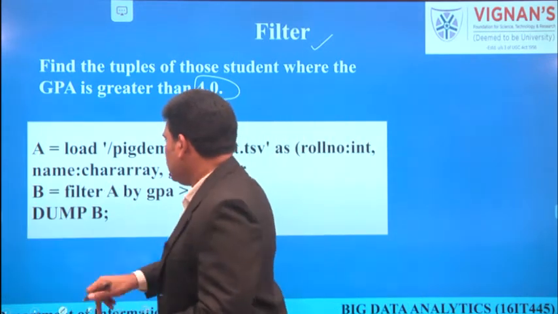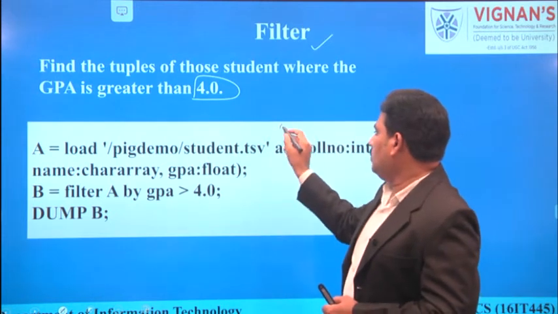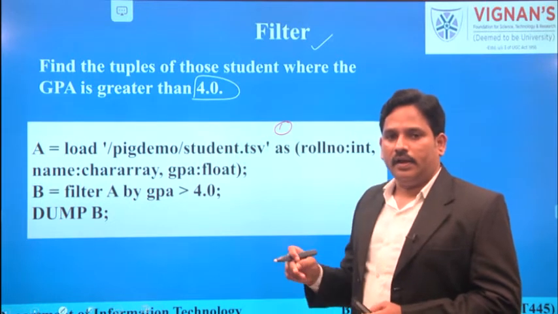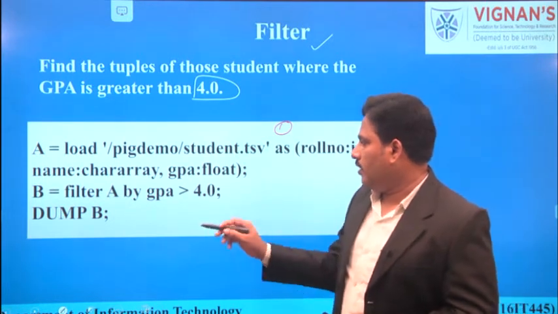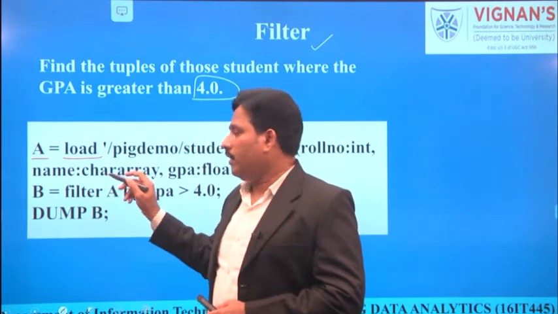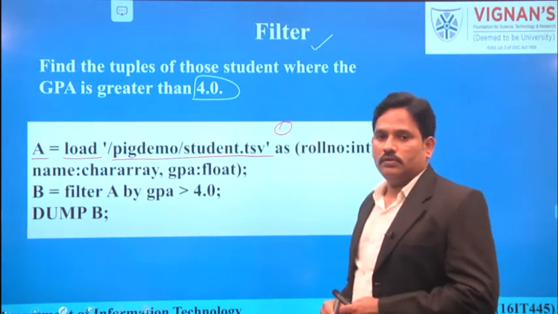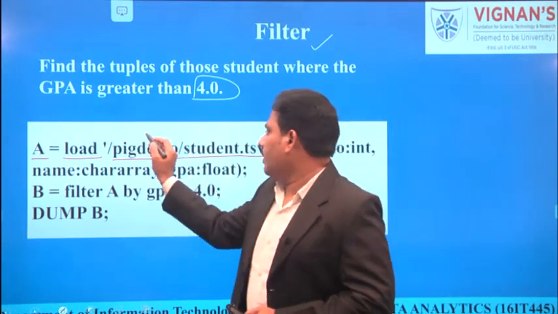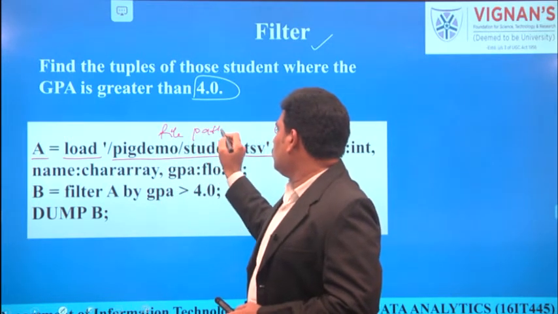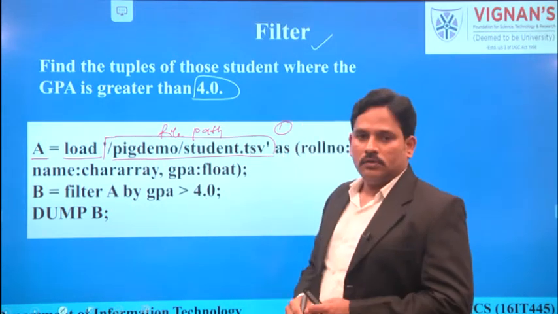Now look at the statements here. As we discussed earlier, the first statement must be a load command. We have to load the file by writing its file location. Look at here, load is a command, and /pigdemo/student.tsv is the file path.